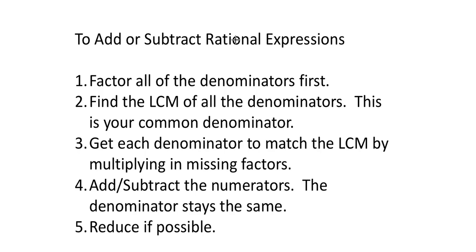So your denominators will already have some factors, but they'll be missing some factors from the LCM. So whatever factors your denominators are missing, that's what you want to multiply to those denominators so that they will match the common denominator, the LCM. And again, if that sounds hard to follow, we're going to do some examples, so you'll hopefully get to see how that works when we do the examples.